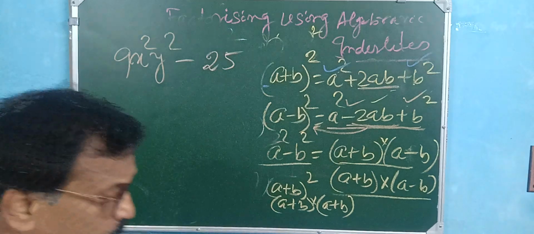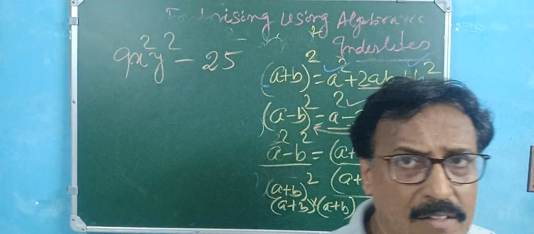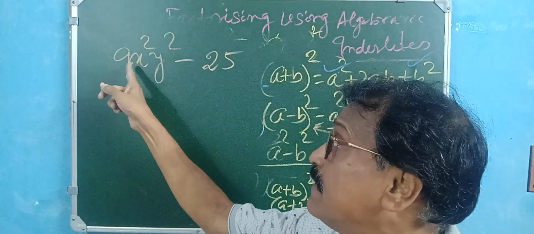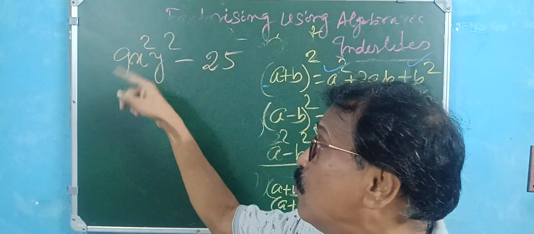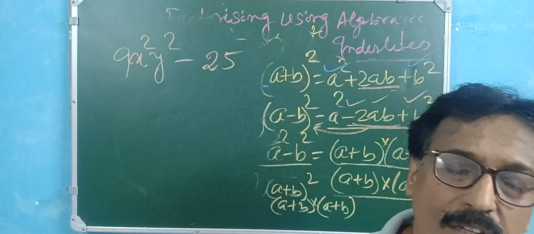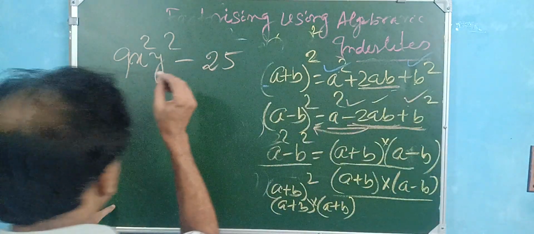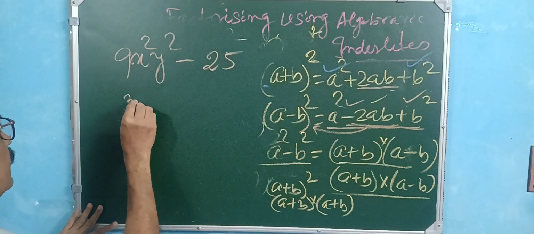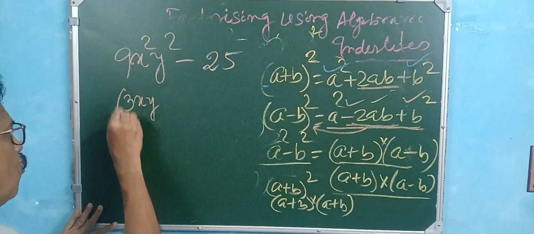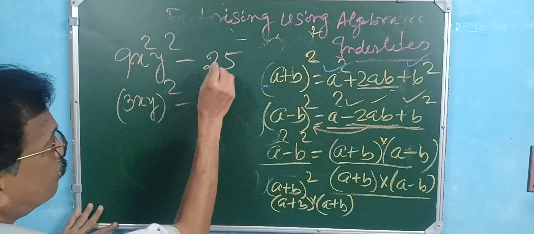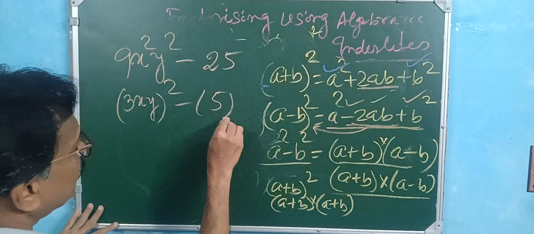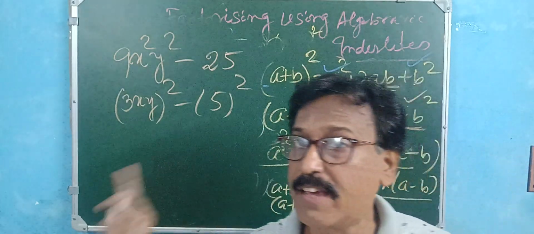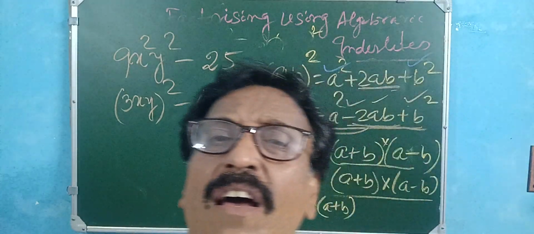No problem, you just arrange it, think in your brain. 9 means 3 square, x square y square means xy whole square, and 25 means 5 square. So 9x square y square means 3xy whole square, minus 25 means 5 whole square. Coming a square minus b square. This is the very important stage.